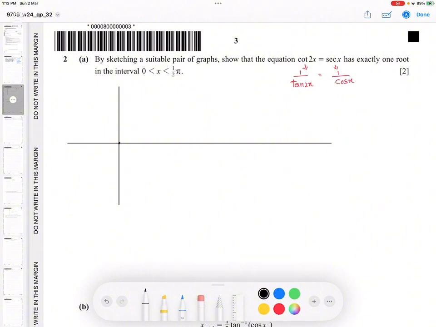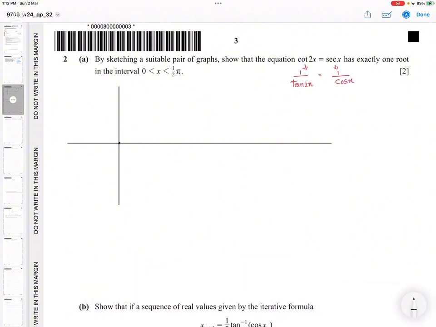So first of all, let me divide, because the interval is from 0 to pi by 2, and this is cot of 2x, which meant tan of 2x. So 2 means we have to divide 360 degree by 2. 360 means 2 pi. We are using radian here.